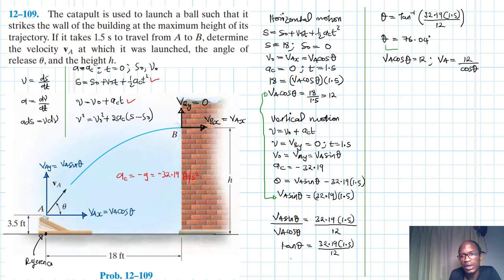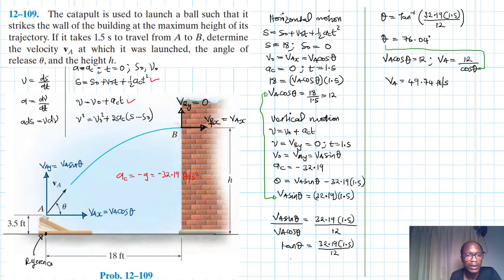So feeding this theta here, then finding our VA therefore will just be equal to cos 76.04, right? Then 12 divided by answer. So this gives us 49.74 feet per second. So this is 12 divided by cos 76.04, 49.74.